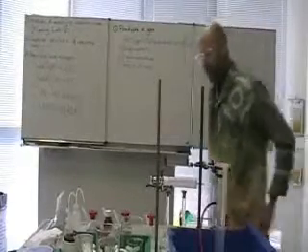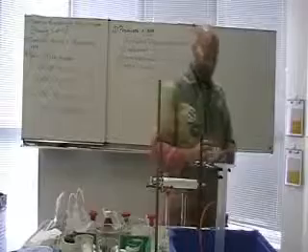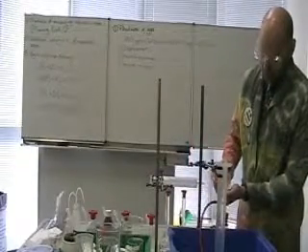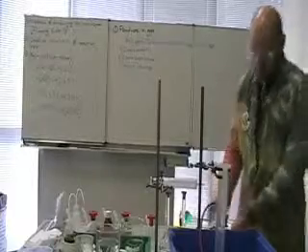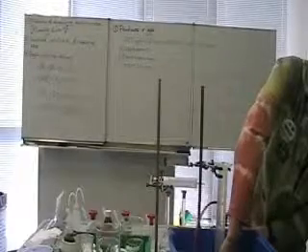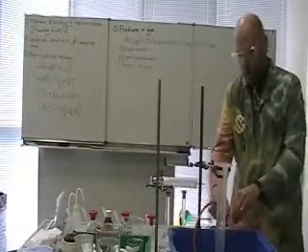Now, to show you how that thing works, marble chips, calcium carbonate. There's quite a bit of marble right there. You've got to poke the rubber tubing up inside of it, of course. Dump your marble chips in.